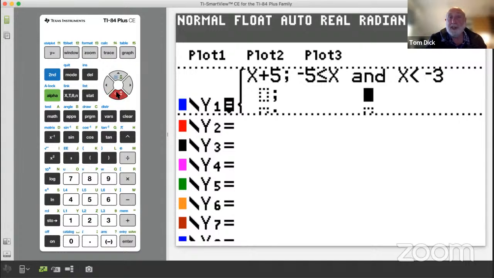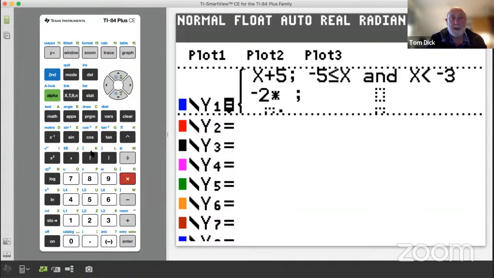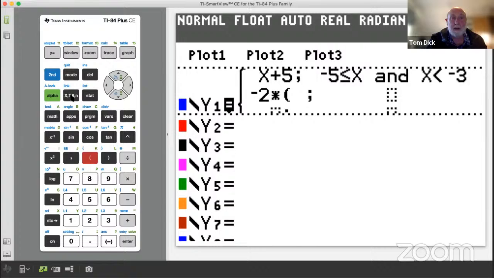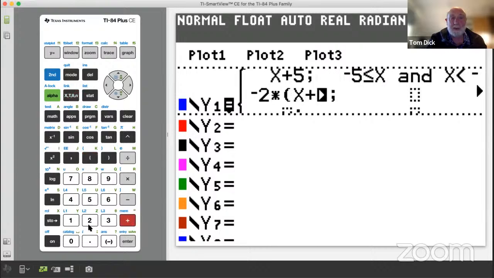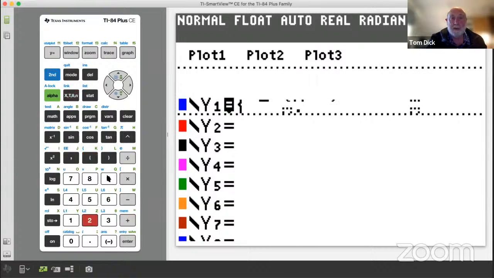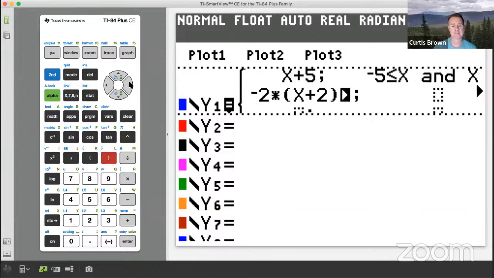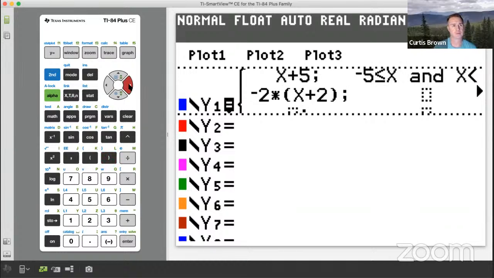Now we'll continue and do that for each part. The second part, I believe, is -2 times the quantity x plus 2, and that interval will be good from -3.